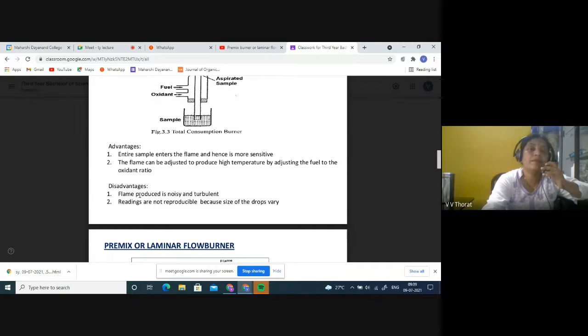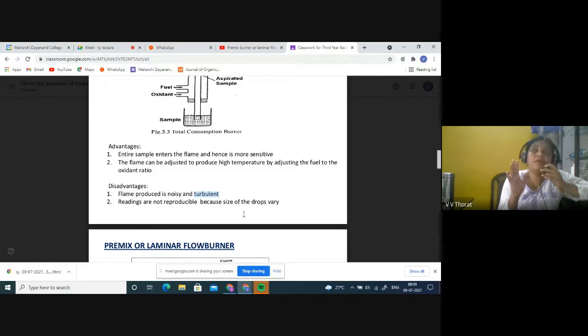But the disadvantage is that the flame produces noise and is turbulent. I'll explain what noisy means while doing the second burner. I'll explain what turbulent is. Turbulent means it's not very clear. When you are on a flight, you can hear the announcement: the air outside is turbulent.